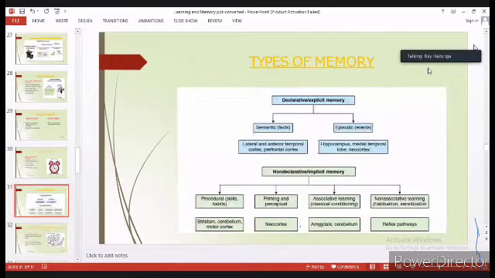And then the types of memory, I think we've talked about these, but this is just a flowchart that would help you remember which parts of the brain is responsible for what. So we have the explicit memory there on top and the implicit memory down. And then remember we said we have semantic memory and episodic memory, which are parts of the explicit memory and the semantic memory.